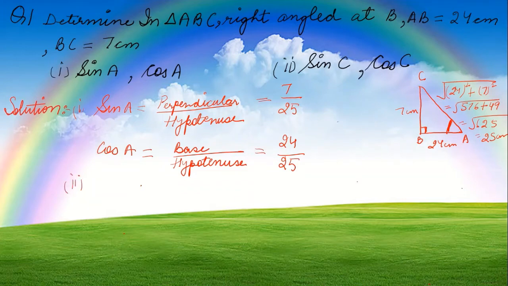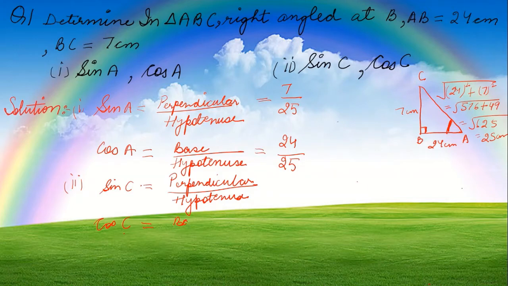Second part is sin C and cos C, we want to find out. So first of all, sin C is perpendicular upon hypotenuse, and cos C is base upon hypotenuse.